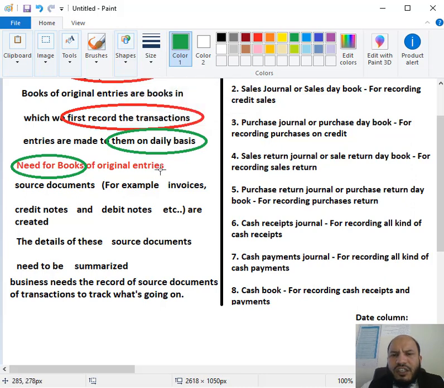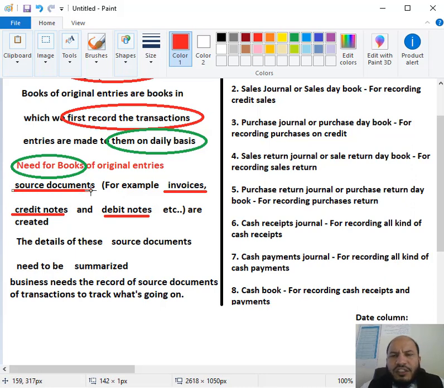Dear students, in businesses we have, for example, invoices, credit notes, debit notes, and bills. All of these are called source documents.